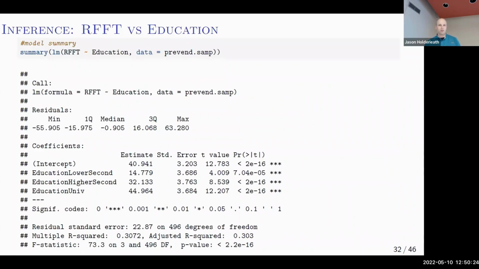So here is a regression output where you're looking at score versus just the education level. And here you have, it looks like all of them are going to be significant, very significant to 0.